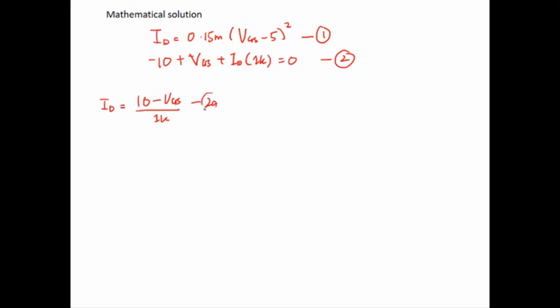You insert this into the first equation. You will get (10 minus VGS) over 1K is equal to 0.15 milli times (VGS minus 5) squared.